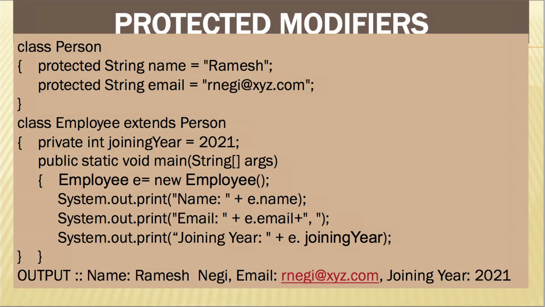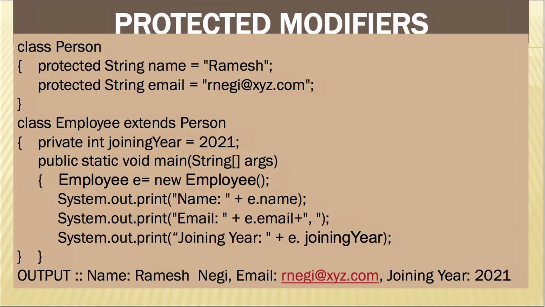By this e object we are printing e.name, e.email, e.joiningYear. So we are printing all three values. However, name and email are variables of the previous class, but we can use them because of the protected modifier, because we are inheriting the previous class in this class. So you can see the output accordingly.